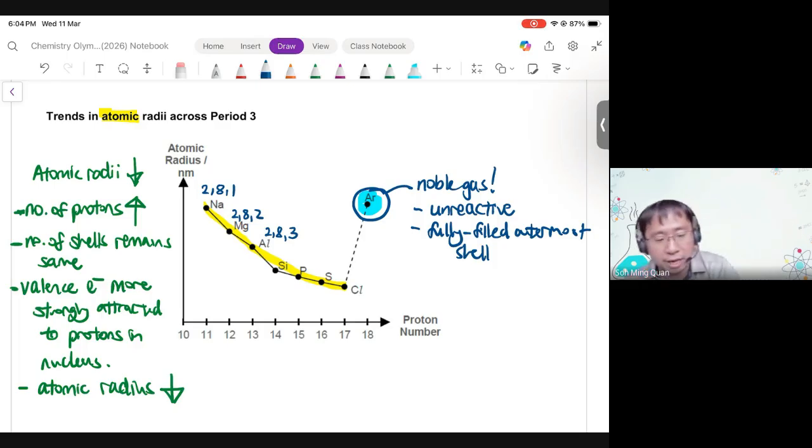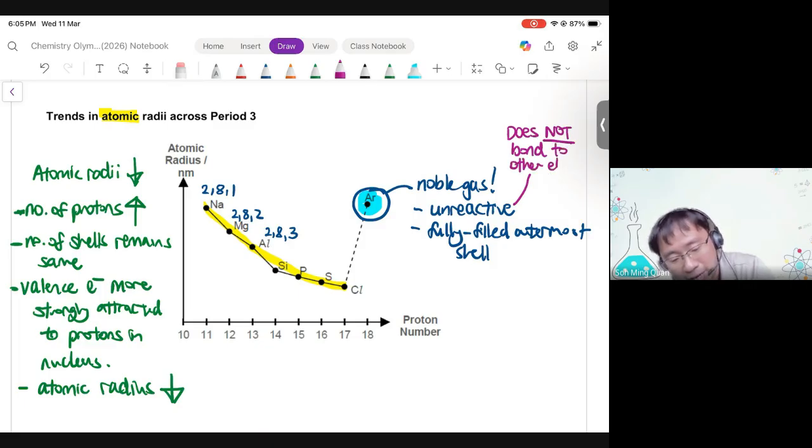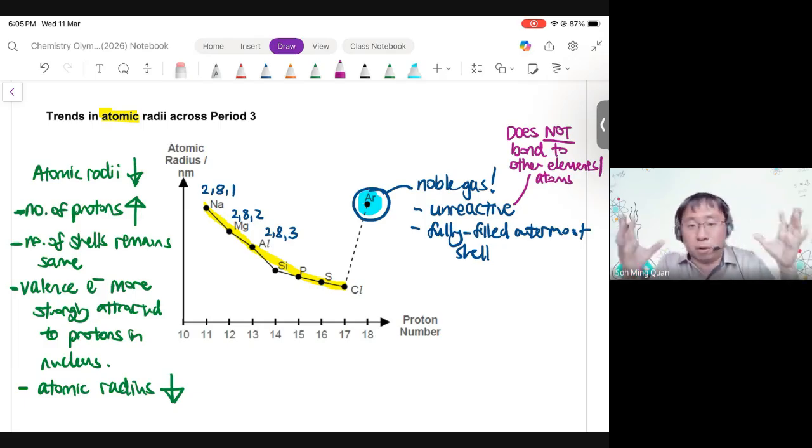So if it's unreactive, it does not bond to other elements or even to other atoms of itself, right? It doesn't form bonds, full stop, period.